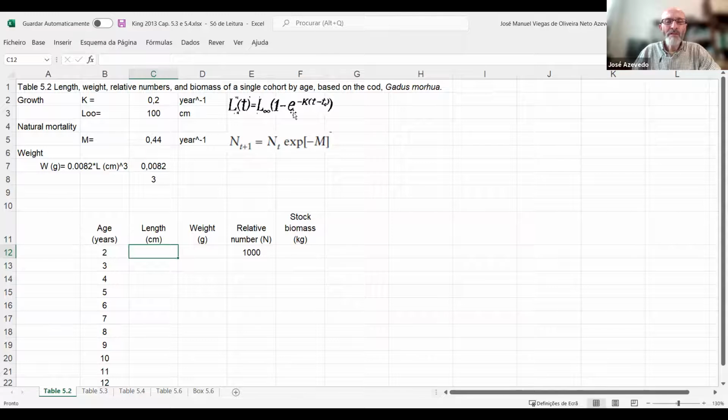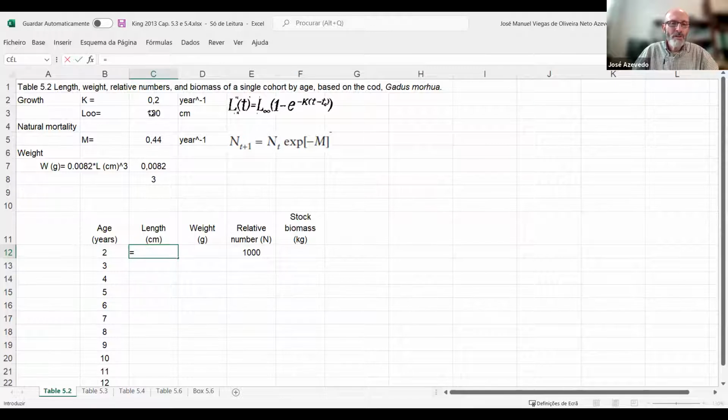Let's forget for a moment t0. We neglect t0, so we'll say that t0 equals 0, and then we'll have just e raised to the power of minus kt.